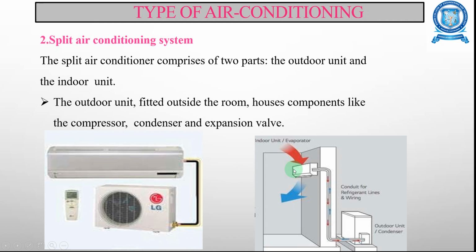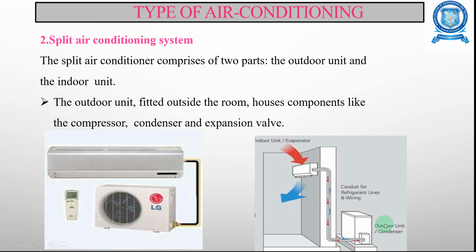The second type of air conditioning is the split air conditioning system. You can see here it comprises two parts: one is the outdoor unit and the other is the indoor unit. The outdoor unit is fitted outside the room. This is the room wall, and you can see the outdoor unit being fitted outside the room.